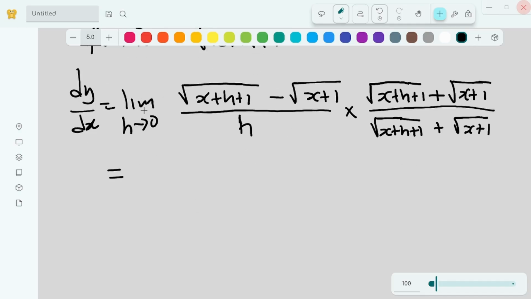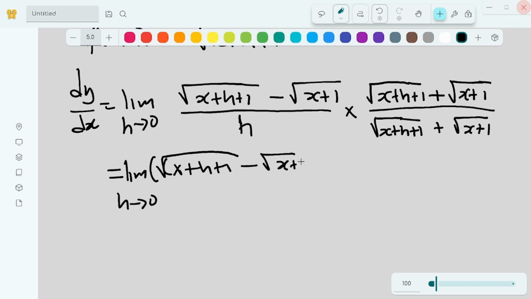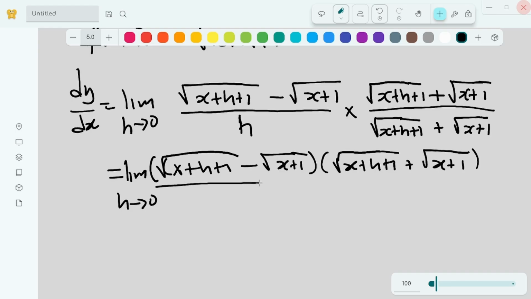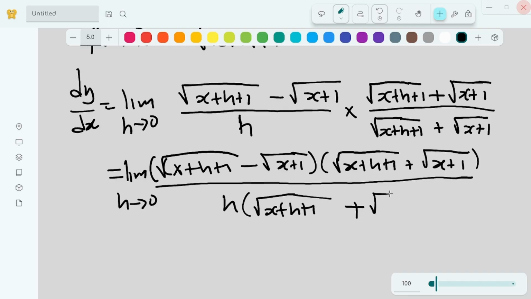We are going to have the limit as h goes to 0 of the numerator, the bracket of the square root of x + h + 1 minus the square root of x + 1, times the square root of x + h + 1 plus the square root of x + 1, divided by h times the square root of x + h + 1 plus the square root of x + 1, then close the bracket.